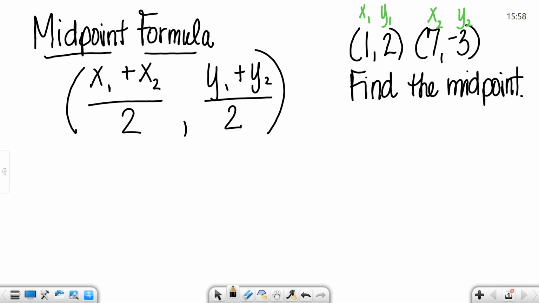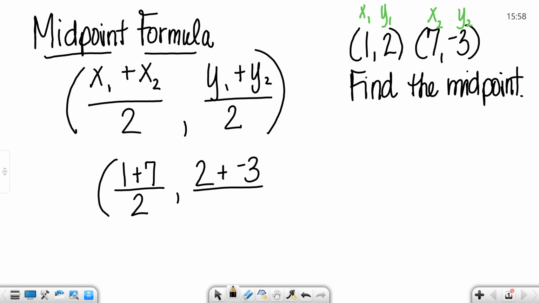Now all I have to do is plug them in where they belong in the formula. All right, my x1 is 1, my x2 is 7, my y1 is 2, my y2 is -3.